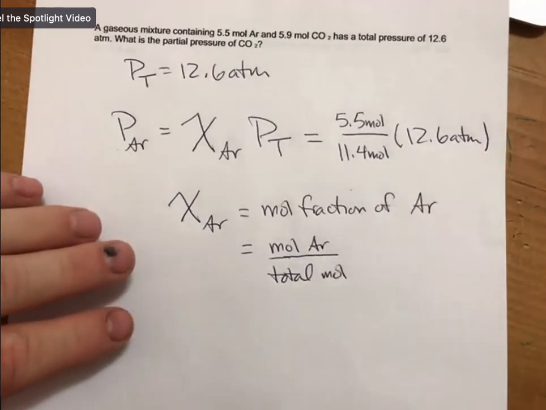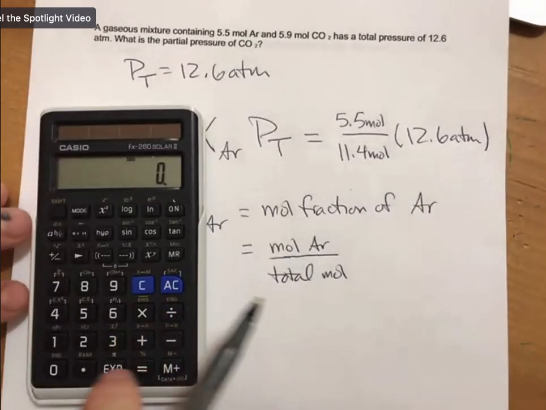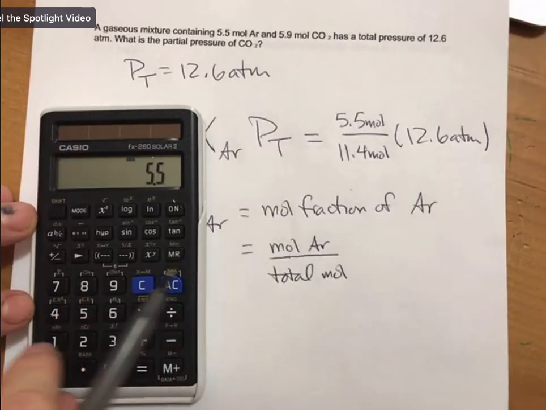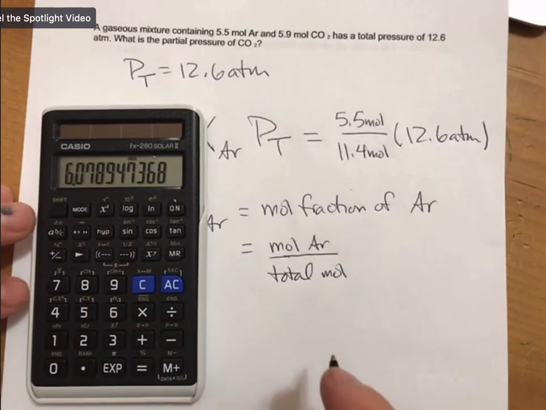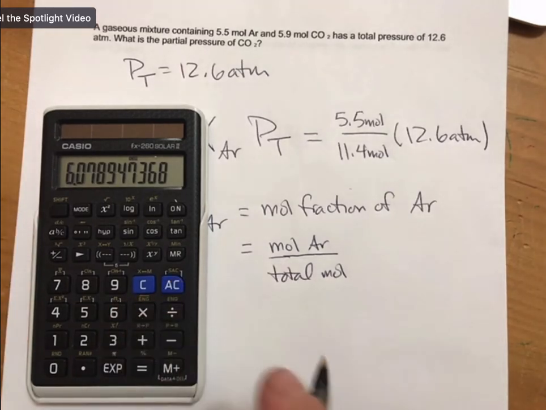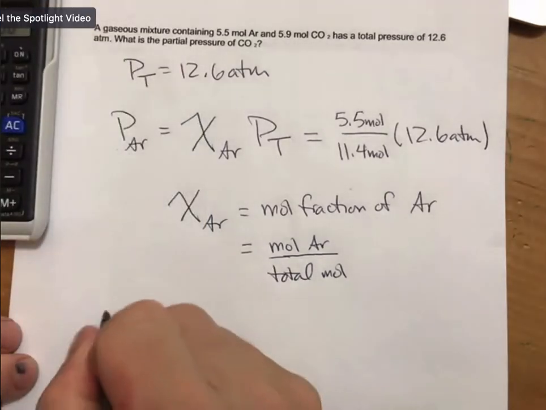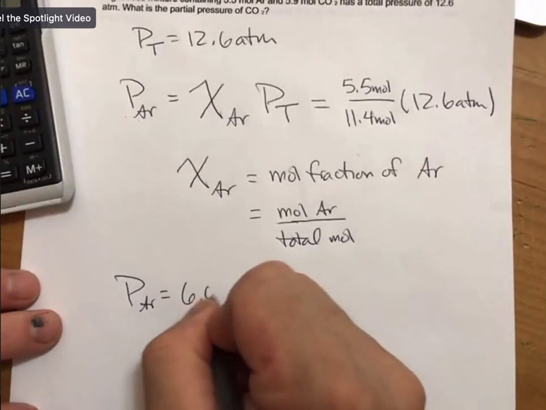And then plugging that in, 5.5 divided by 11.4 times 12.6. I get 6.08 atmospheres. Oh, so yeah, that's right. Partial pressure of argon equals 6.08 atmospheres.